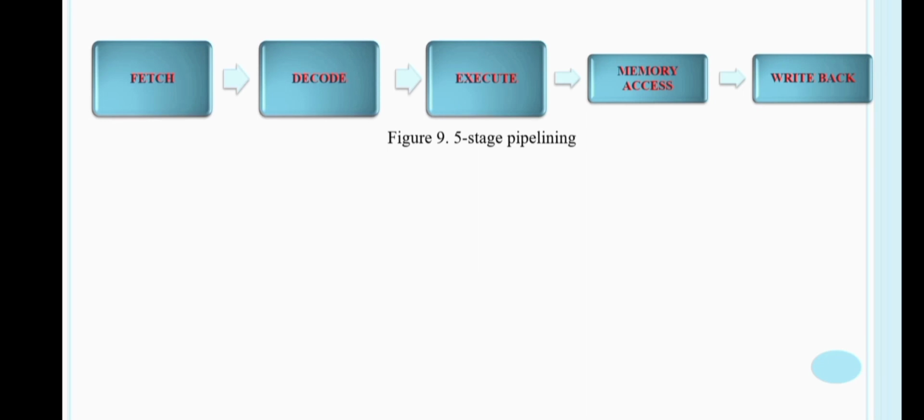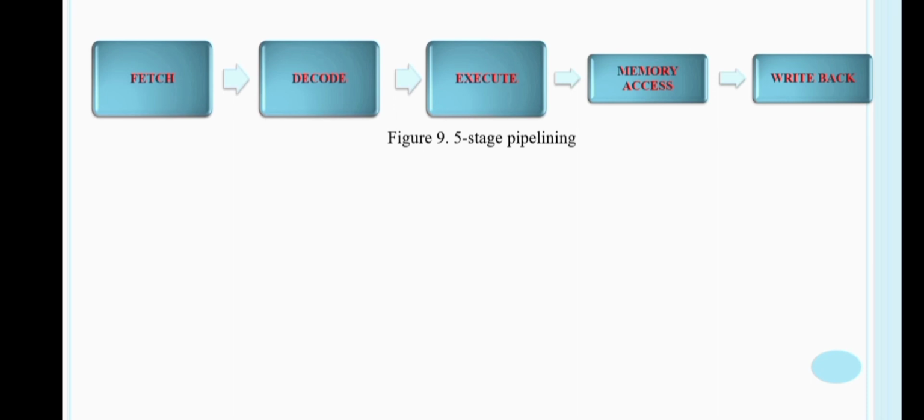This is five-stage pipelining. First one is fetch. In the fetch stage, instruction is being fetched from the memory. It loads an instruction from memory. Second stage is decode. Decode identifies the instruction to be executed.